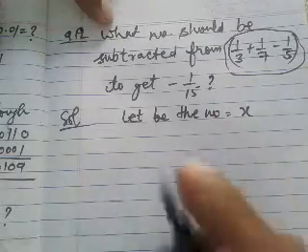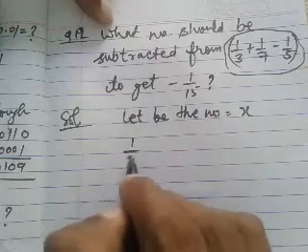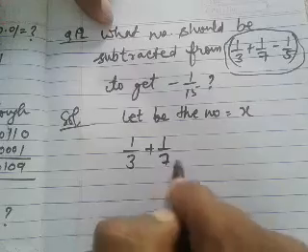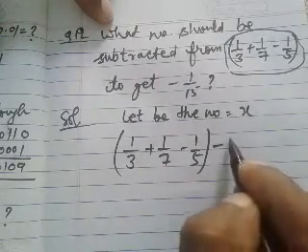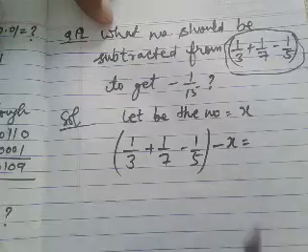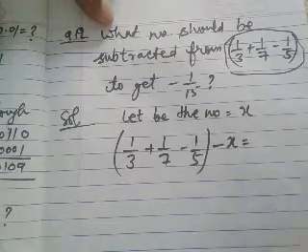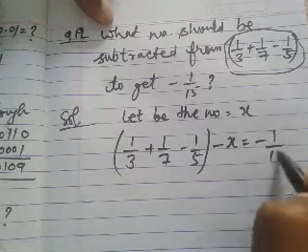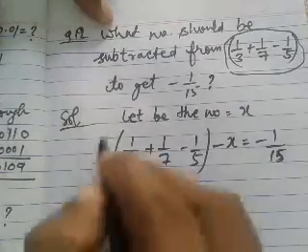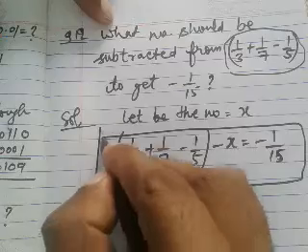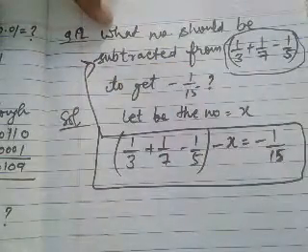Suppose that from this expression we subtract the number x, and finally we get the value minus 1 upon 15. This is the mathematical expression for this word problem.